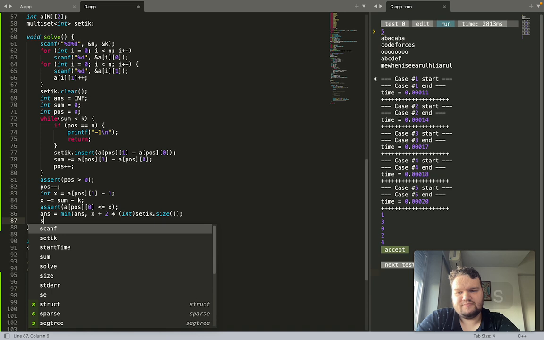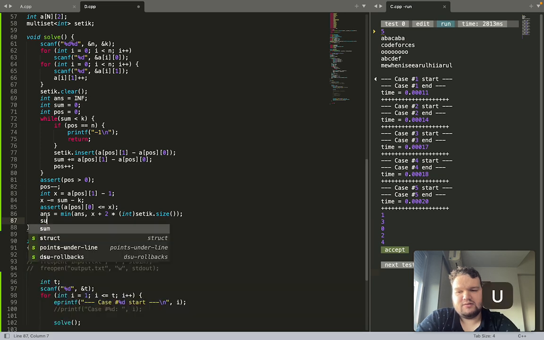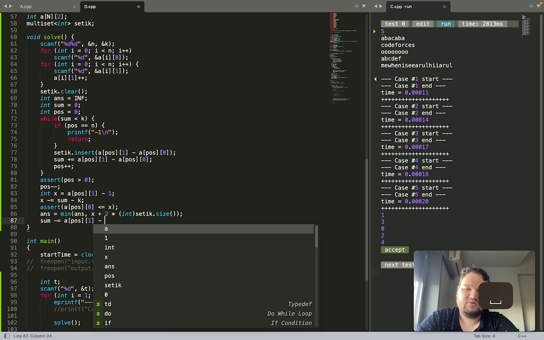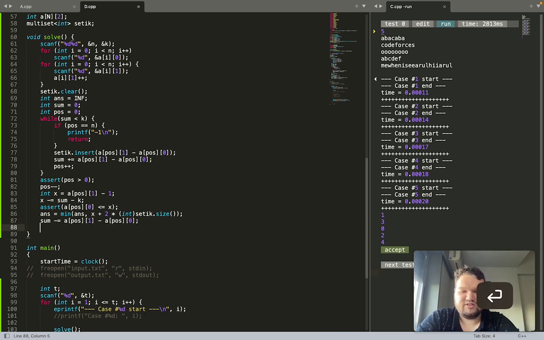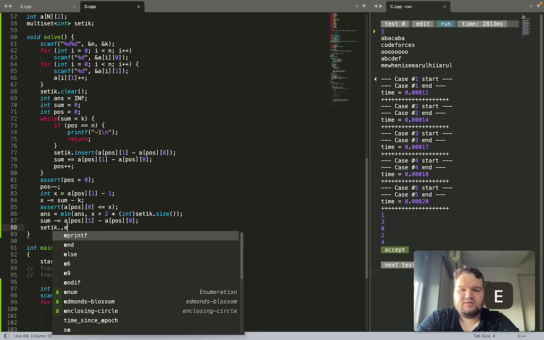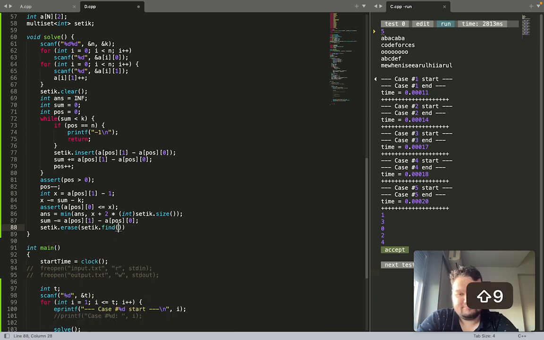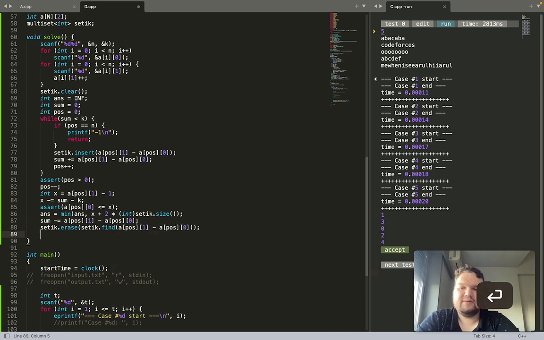Okay, now remove the length of the current segment from sum and from set. And now I will try to increase x while it is smaller than the current answer, because the value with which I will update is x plus something non-negative, actually strictly positive.